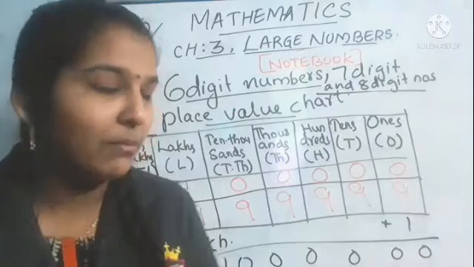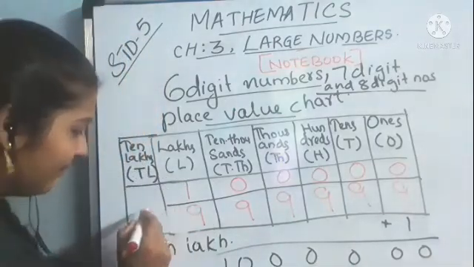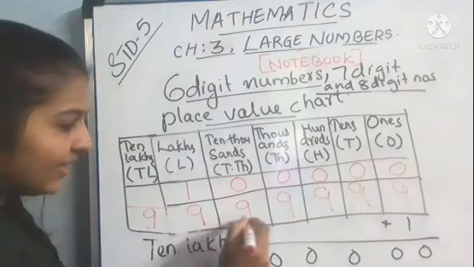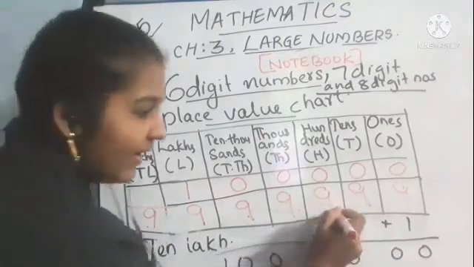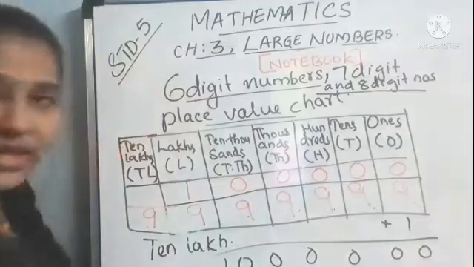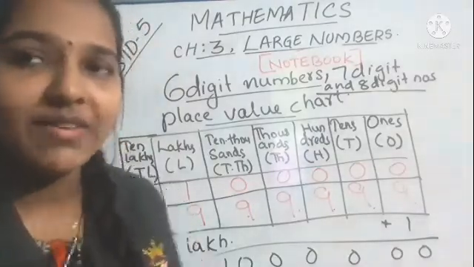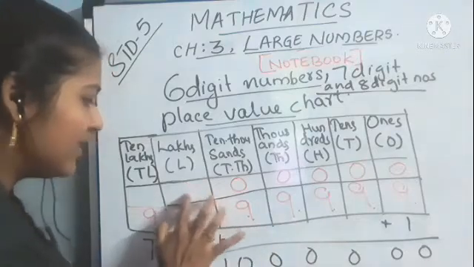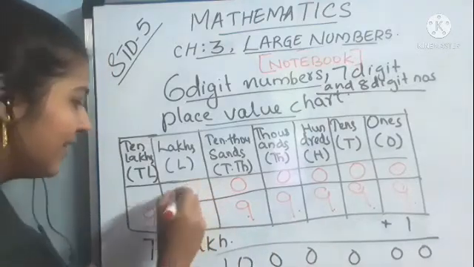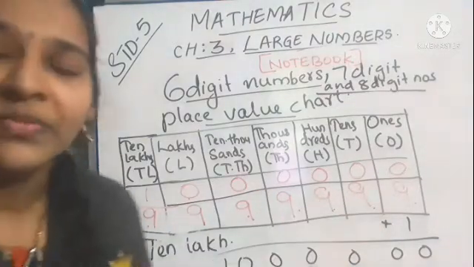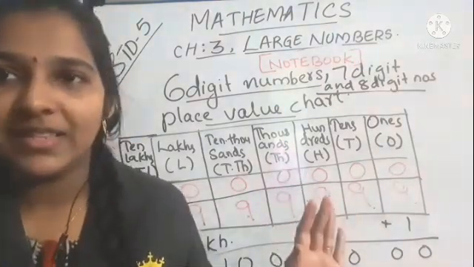How can we write that number? Like this. This is the largest 7-digit number. And the smallest 7-digit number is 10 lakh. We can write 10 lakh like this. So this is about 7-digit numbers.